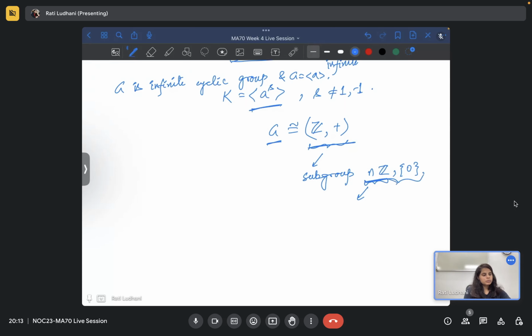All the subgroups of Z plus look like nZ or 0, where n belongs to the natural numbers, excluding 0 for now, or maybe you can write 0 included here. But these will be all. So of course you cannot take n to be plus 1 or minus 1 for K, so K has to be some nZ such that n is not equal to plus 1 or minus 1.